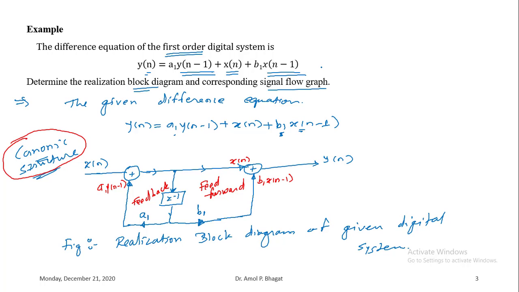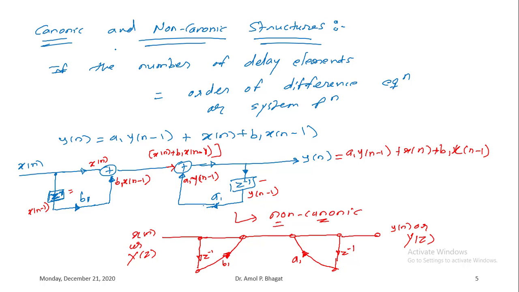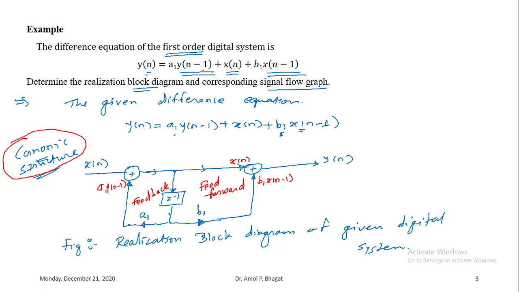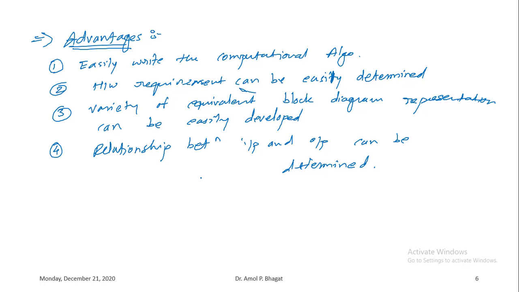We also saw one example where we realized the given system using basic building blocks, as well as obtained its signal flow graph. Then we saw the difference between canonic and non-canonic structure. For the same difference equation, we have a canonic structure as well as a non-canonic structure. Then we saw the advantages of representing the digital system in block diagram form.